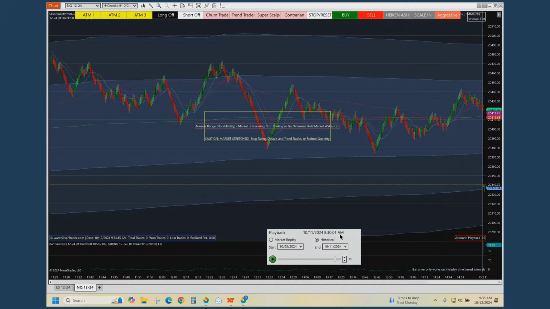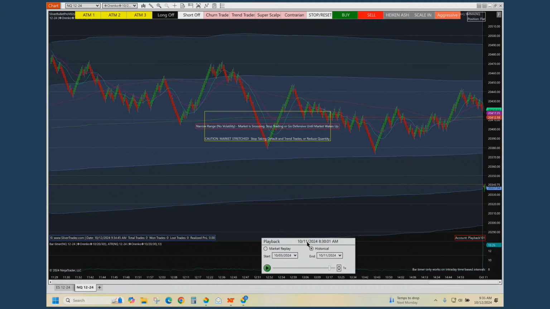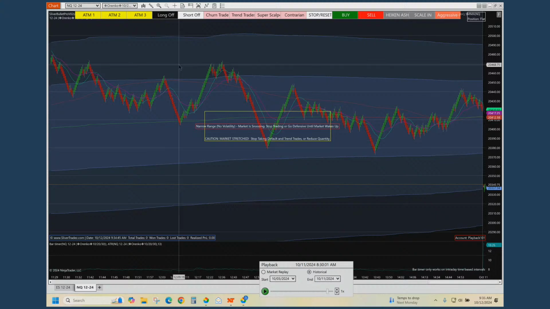So the market opens at 8:30 Central Time in the morning, and I set the timer to 8:30 a.m. as of yesterday, and I'm going to run this demo using that data. Here I have set it at 8:30 and 1 second.